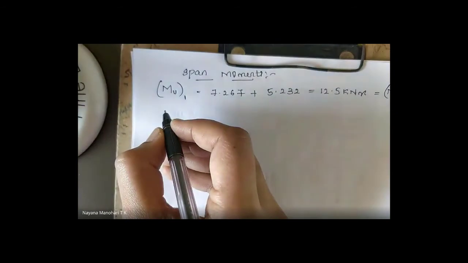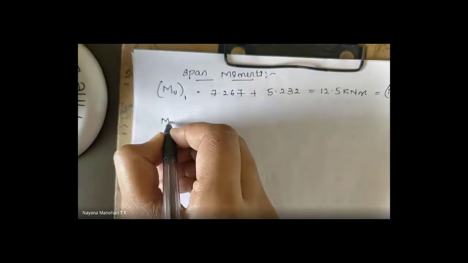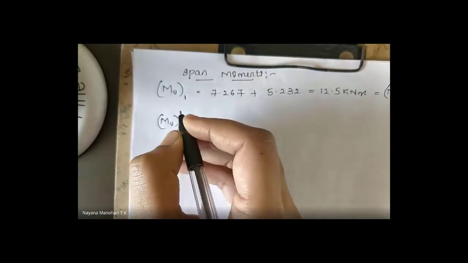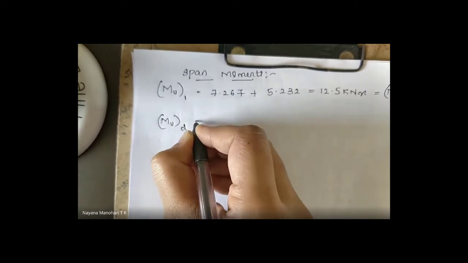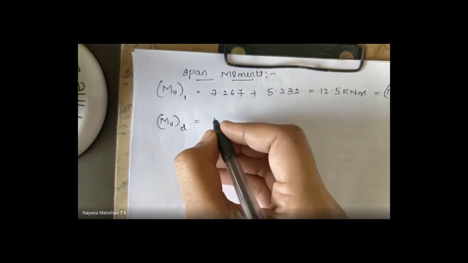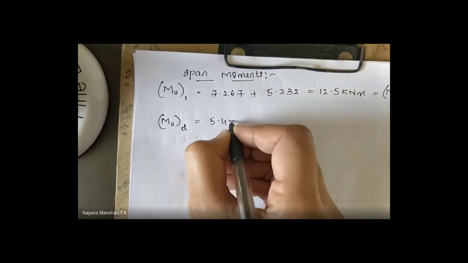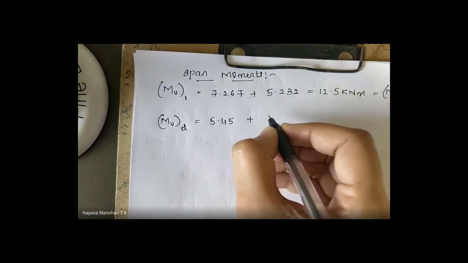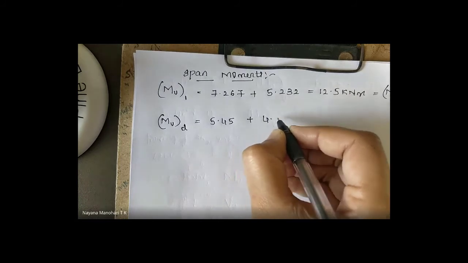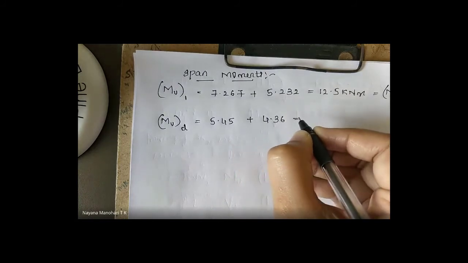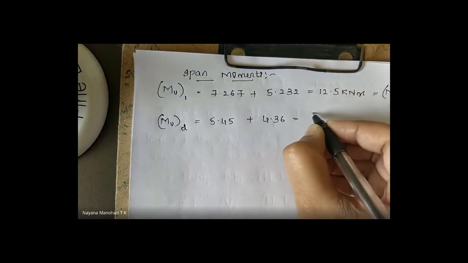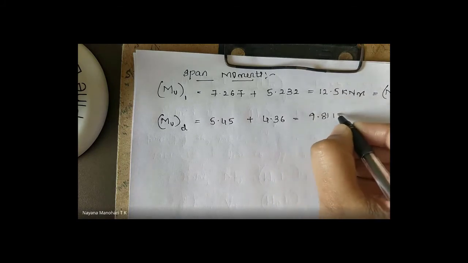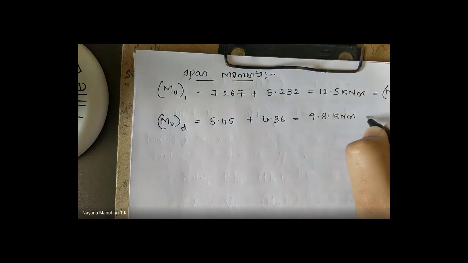Next, you need to calculate mu at second span. Mu at the span 2, it will be 5.45 plus 4.36. You will get it as 9.81 kilonewton meter. That will be equal to what?